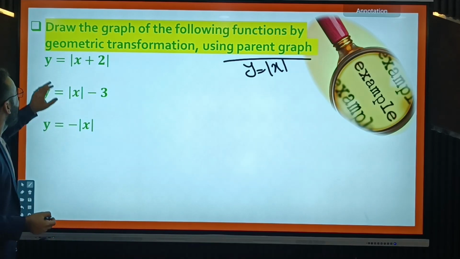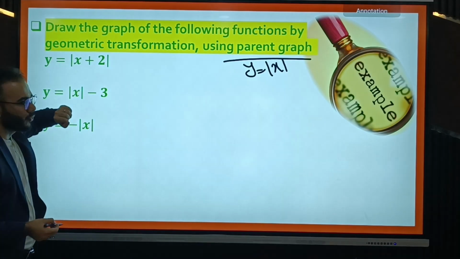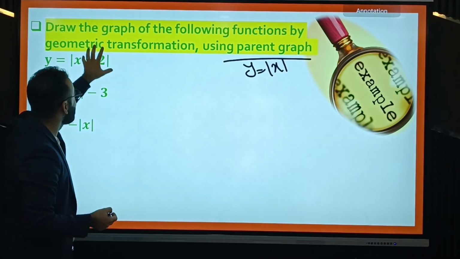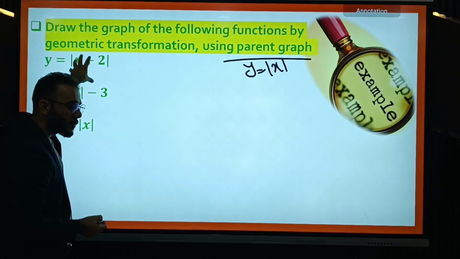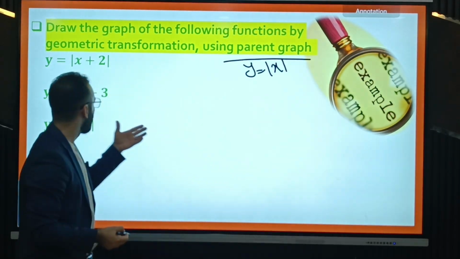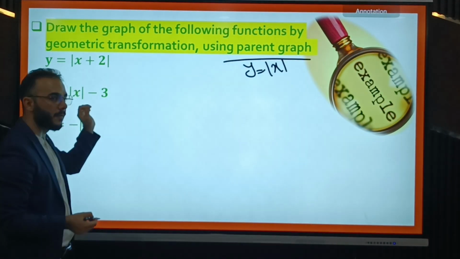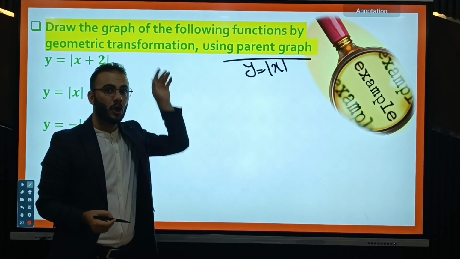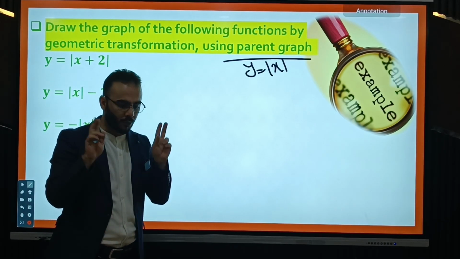So the first one, the absolute value of x plus 2. What kind of shift do we have? If the number was inside the absolute value, we have a horizontal shift. If the number was outside the absolute value, we have a vertical shift, either upward or downward. I'm going to repeat it.